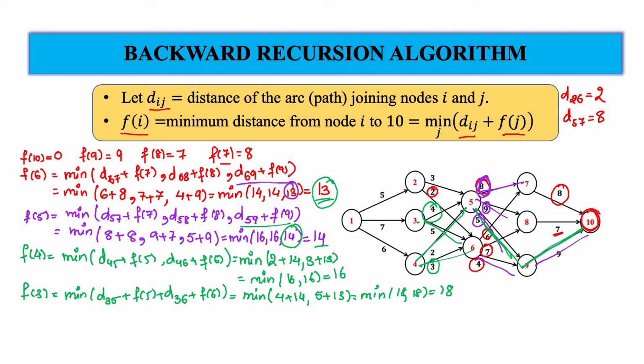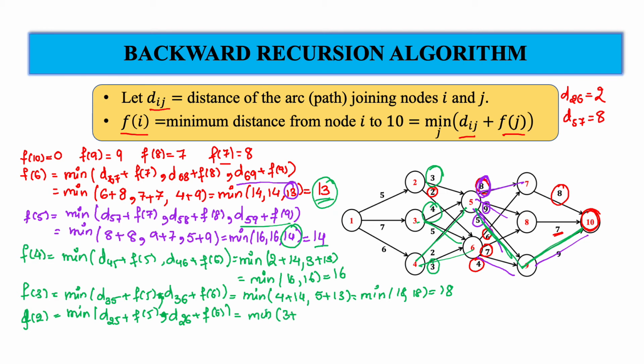Now we will see F2. Okay, so you will see minimum of D2 to 5 plus F5, D2 to, it's not plus, here we are having comma sign. D2 to 6 plus F6. So again 2 to 5 is 3 units, so write 3.